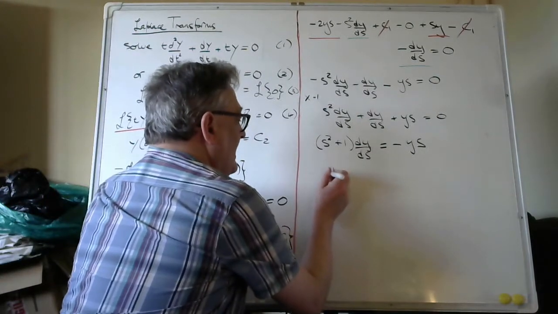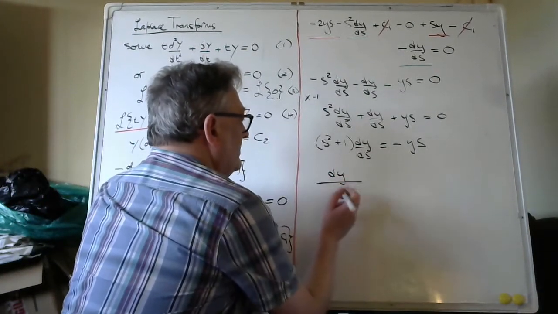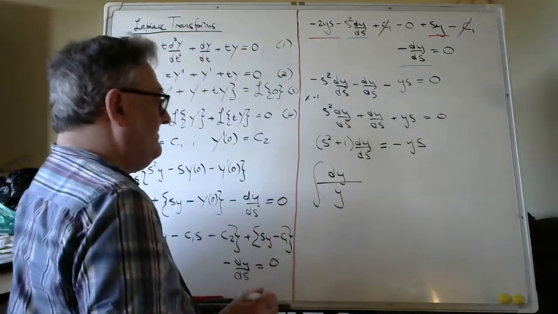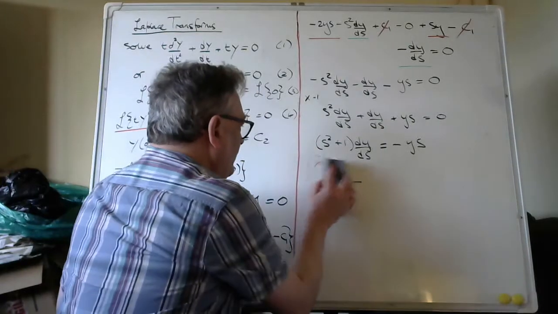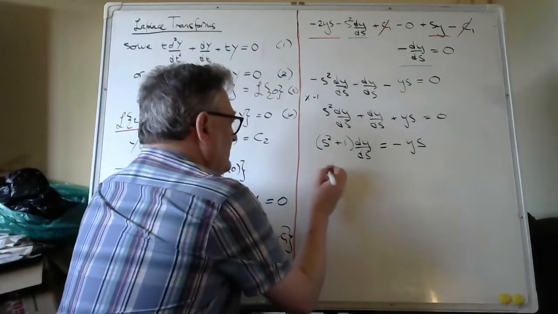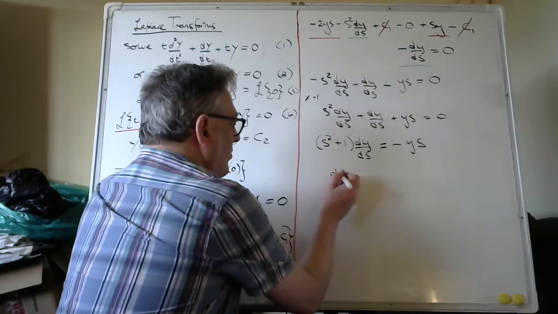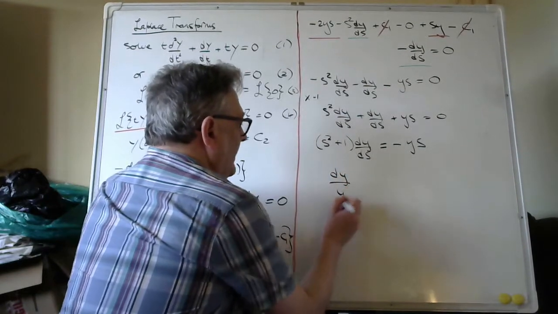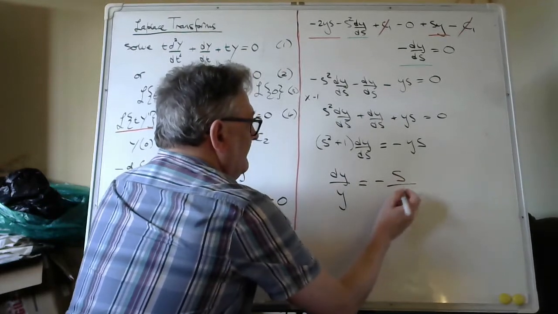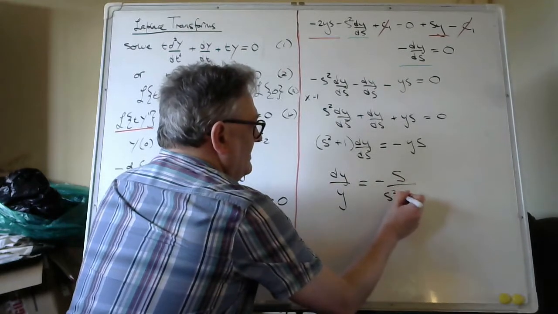So we get dy over, there's a bit of a long derivative, isn't it? Let's just write that a little bit more convincingly. So we get dy over y equal to minus s over s squared plus 1.